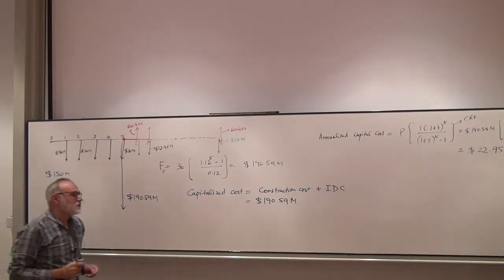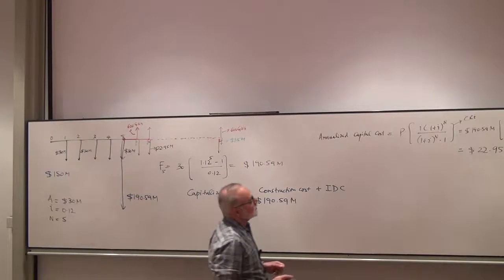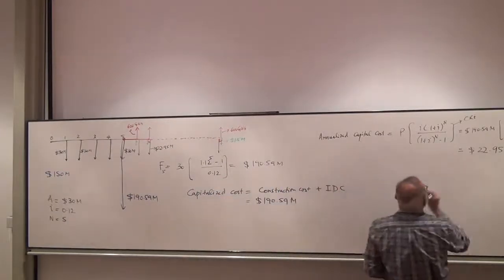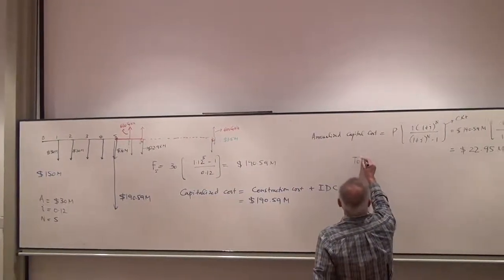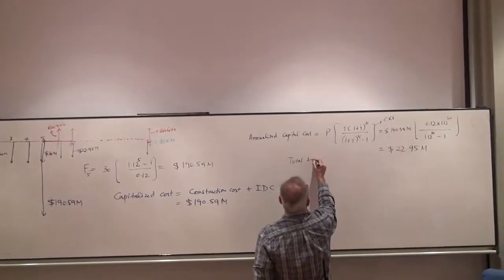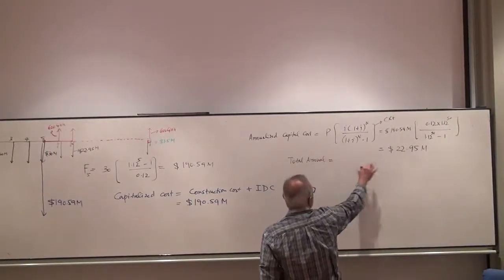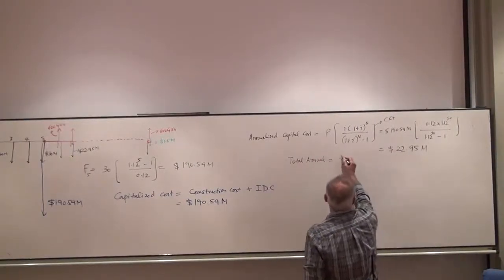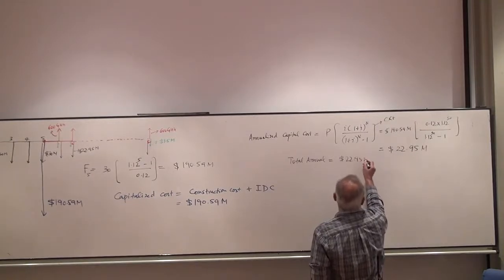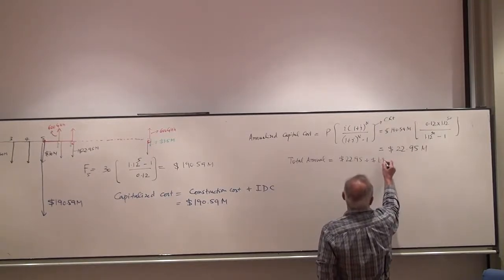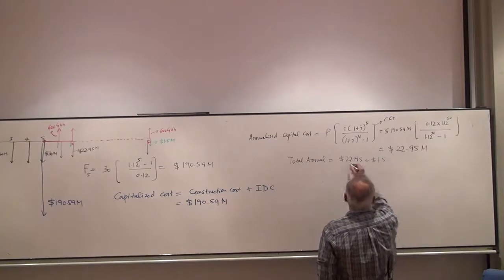Okay. So we have now the annualized capital cost. Total annual cost is the summation of this cost, $22.95 million, plus $1.5 million.